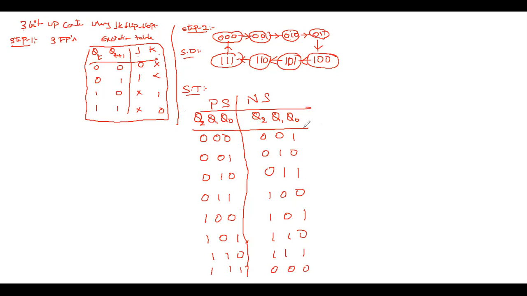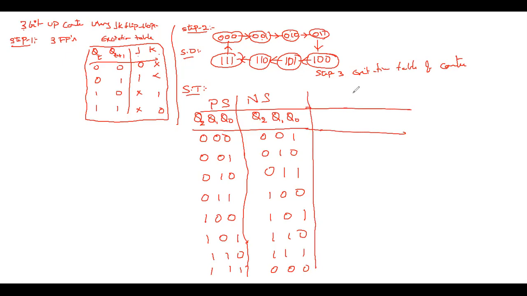Now step 3, the excitation table of the counter. How many flip-flops do we have? 3 flip-flops: 1, 2, 3.